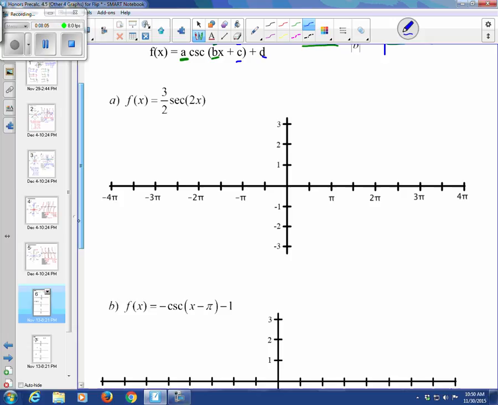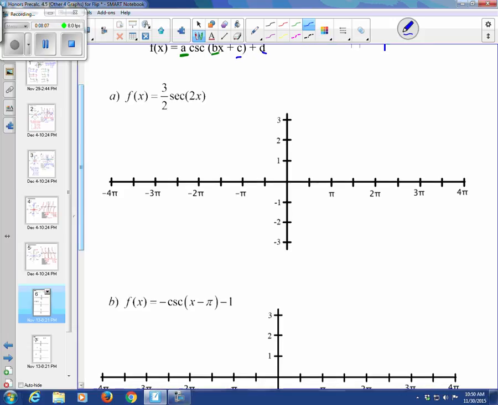Looking at our first function here, which is 3/2 secant of 2x, we've got an amplitude of 3/2, and a period of 2 pi divided by 2, or just pi, right?